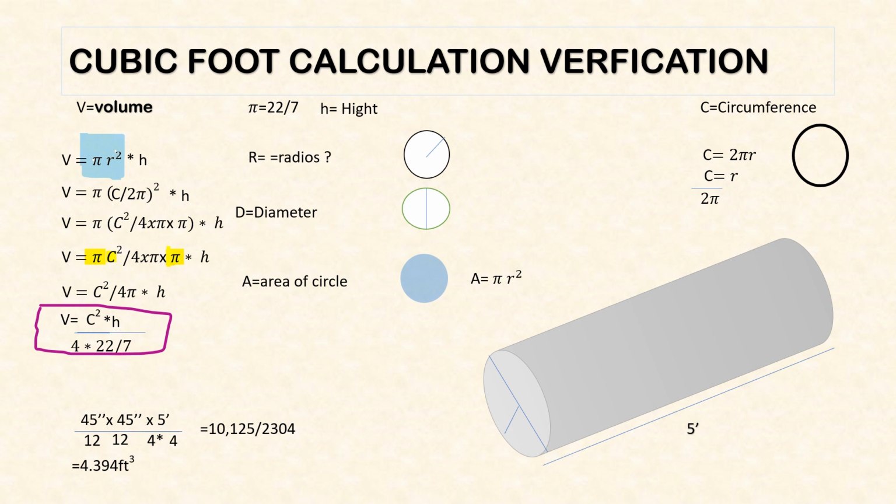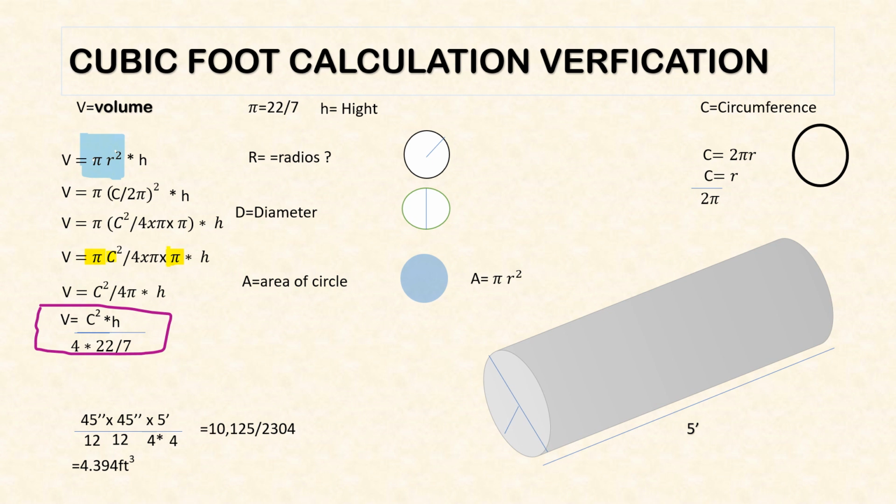So R could be written as C over 2π, because when you take the 2π from the right side to the left side, it becomes C divided by 2π. So R is alone standing on the right side. Now we have derived a term for the R. What we are going to do here is replace R in the original formula that we have discussed with C over 2π.